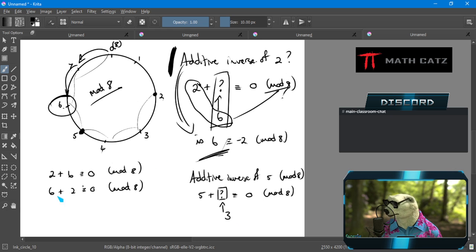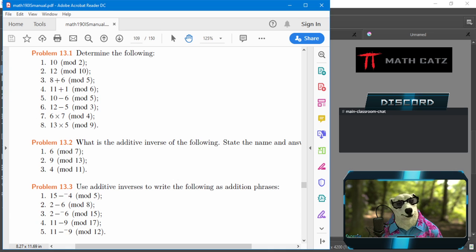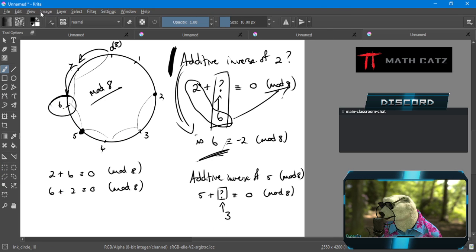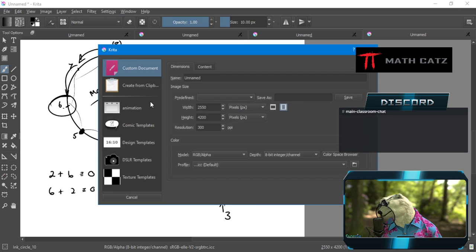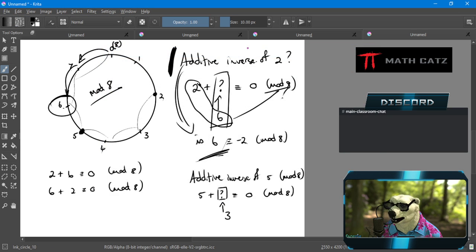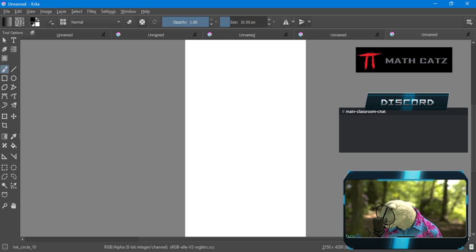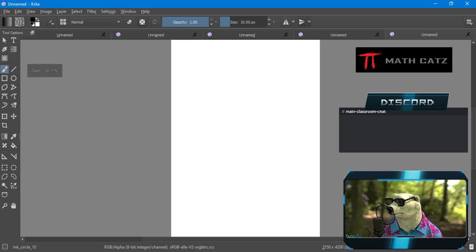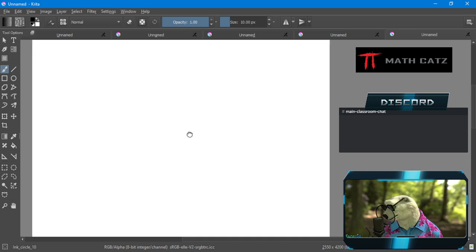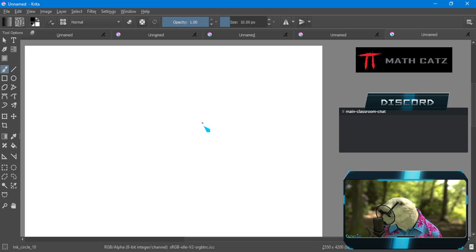I actually don't even care about the problem 13.3. That's where things get a little mathy. Where if we look at the number line, I'll quickly give you the idea, but I'm not going to put that on a test.